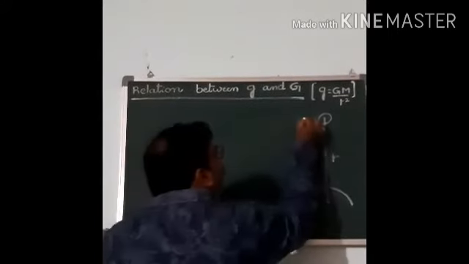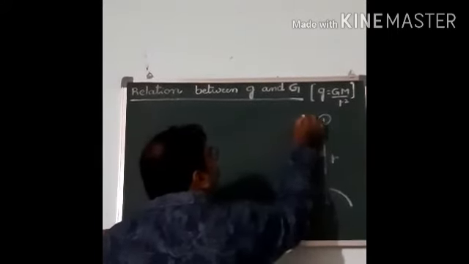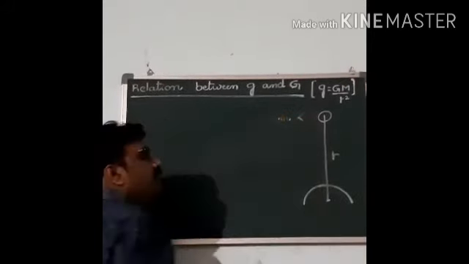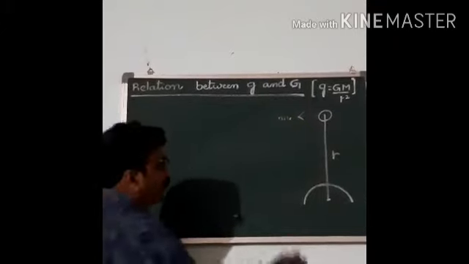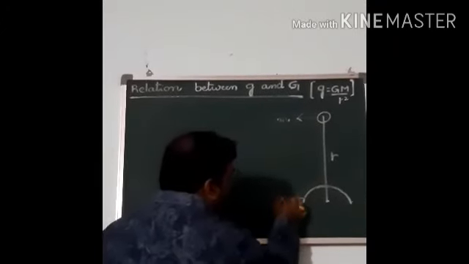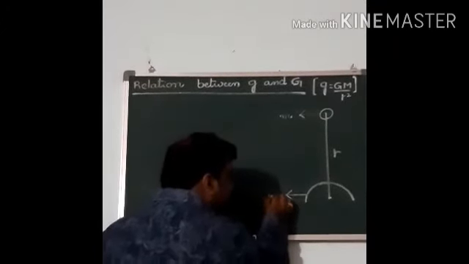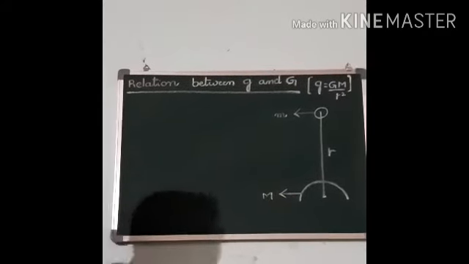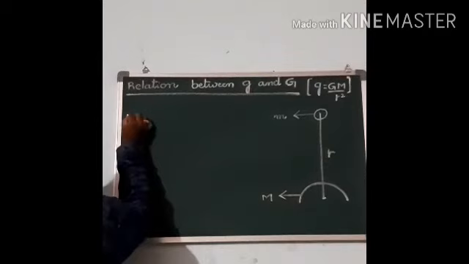Let small m mean the mass of the object, and capital M mean the mass of earth. Apply the universal law.